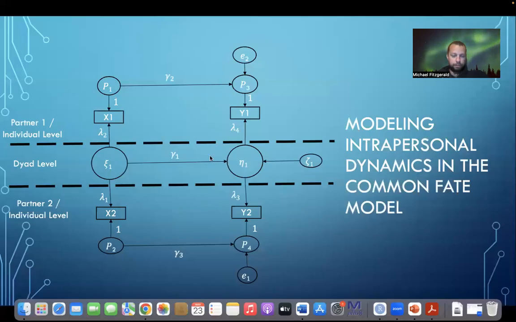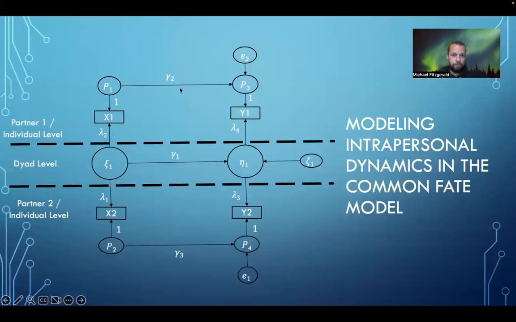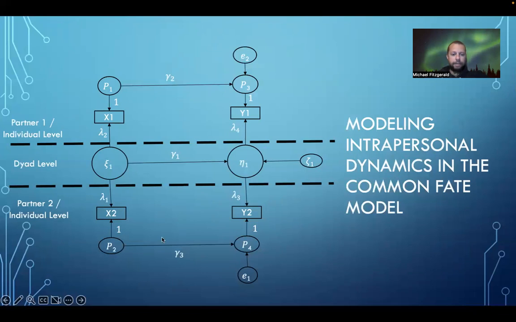Then down here, your IND CSIM with IND RMM men is going to be your gamma 2, this coefficient right here. And then you also have the individual for females, and that's going to be your gamma 3, down here.